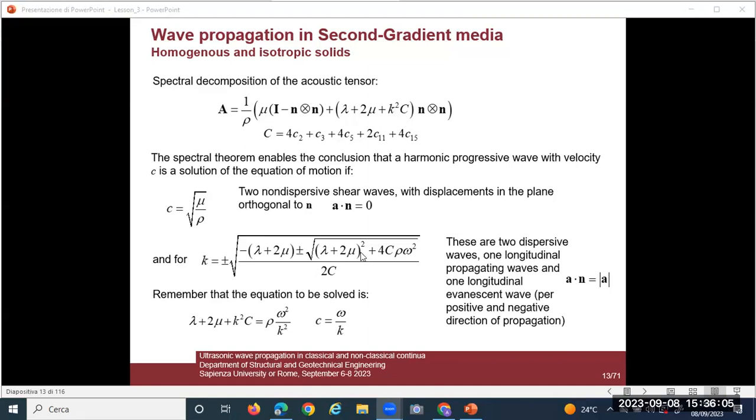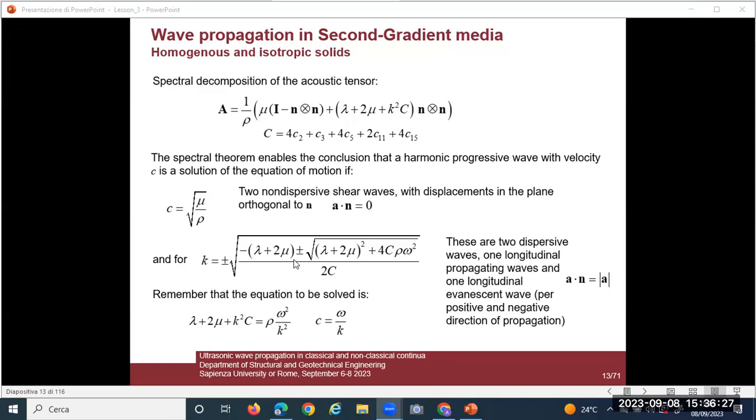The interesting thing here is that these are two dispersive waves. The minus just represents the direction of wave propagation, but you also see plus or minus, so you've got two dispersive waves.